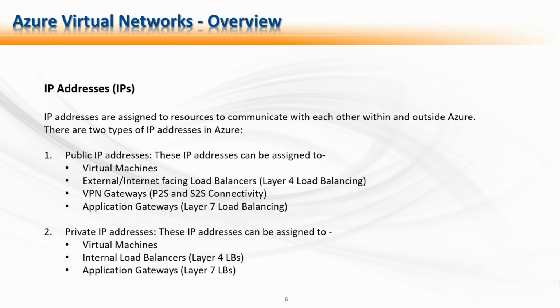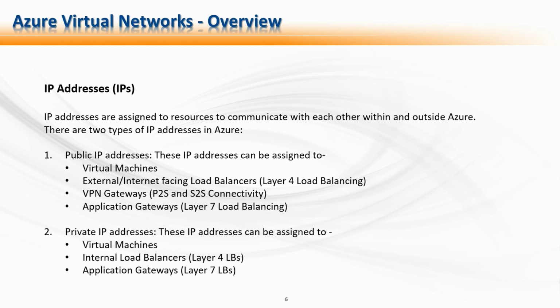IP addresses under the basic SKU are not zone redundant. When we talk about the standard SKU, they can be assigned only with the static allocation method. When using the standard SKU, we must explicitly whitelist the inbound traffic which needs to be allowed by configuring the IP addresses, ports, protocols, etc. This SKU is zone redundant.